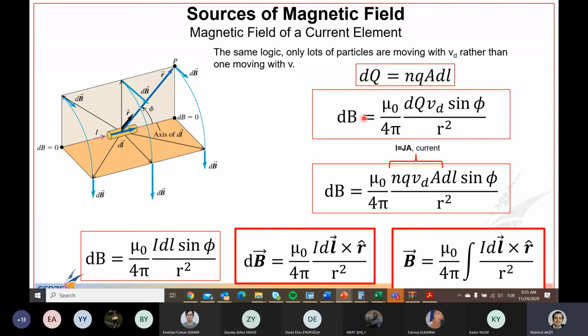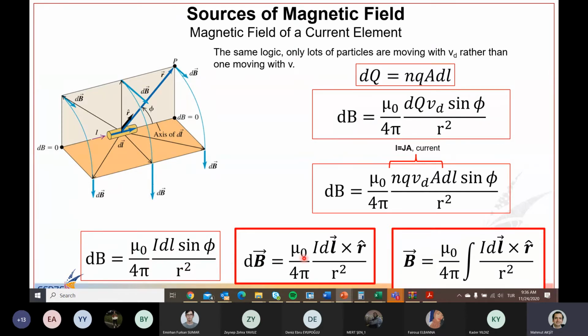So dB is just mu 0 over 4 pi dq v sine phi over r square. If you reorganize things, dq is n q A dl, and n q v A is the current. We know that it's the definition of it. And then dB is mu 0 over 4 pi I dl sine phi over r square.